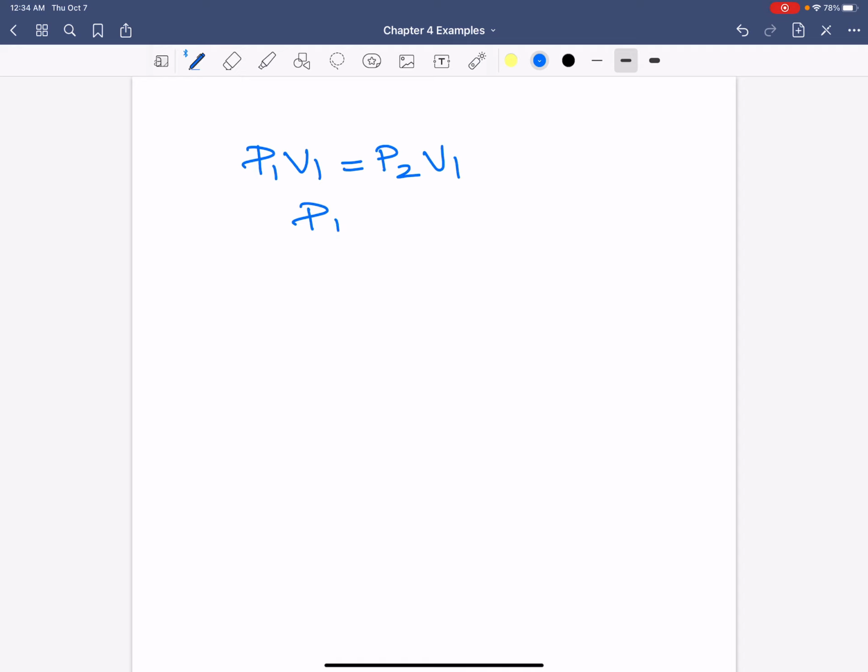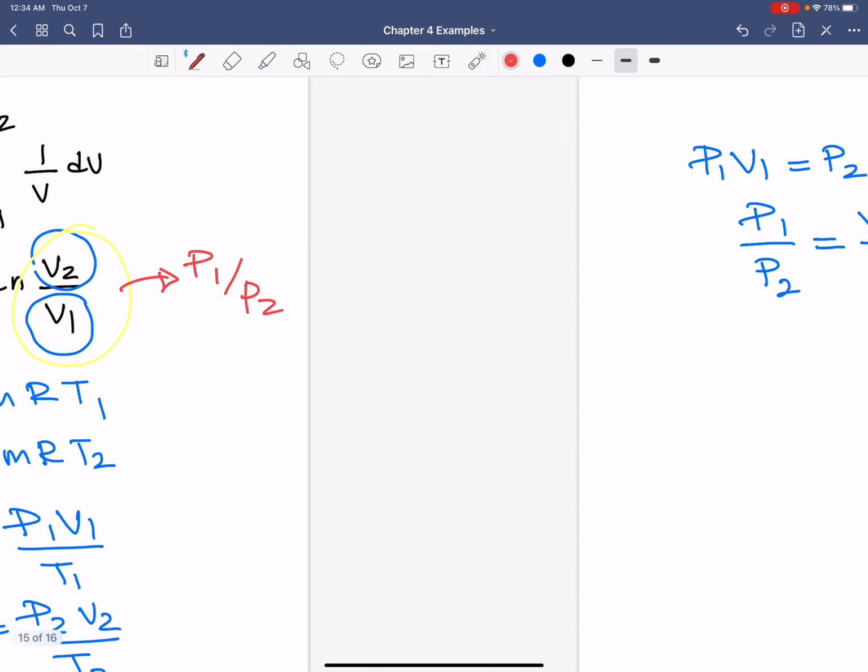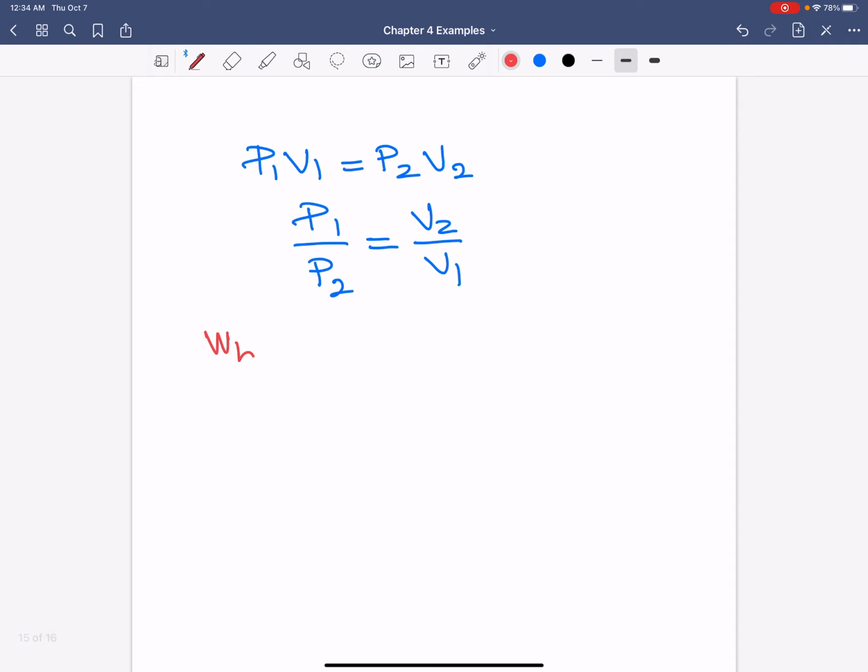In other words, P1 over P2 is equal to V2 over V1. So instead of this term right there, I can replace it with P1 over P2. So the boundary work is equal to MRT ln P1 over P2.